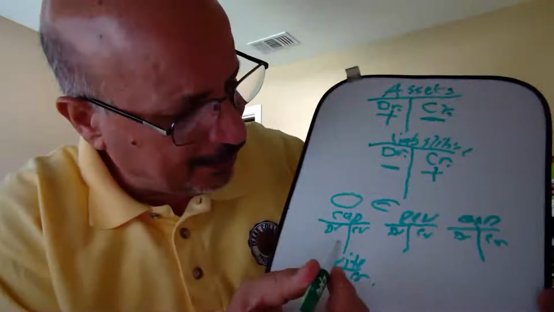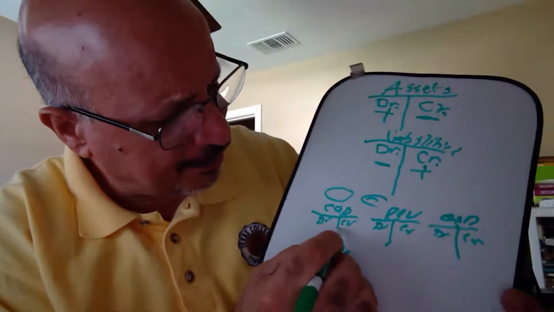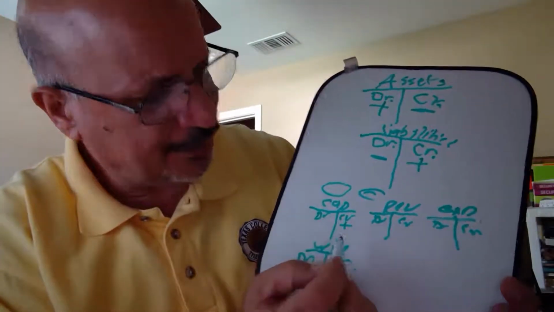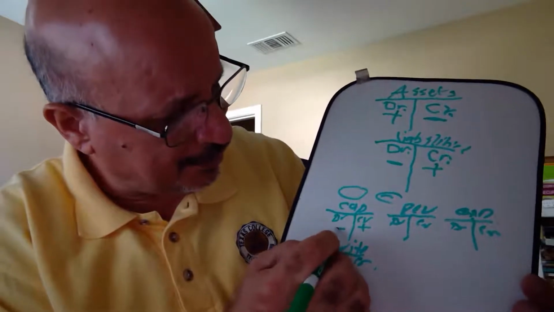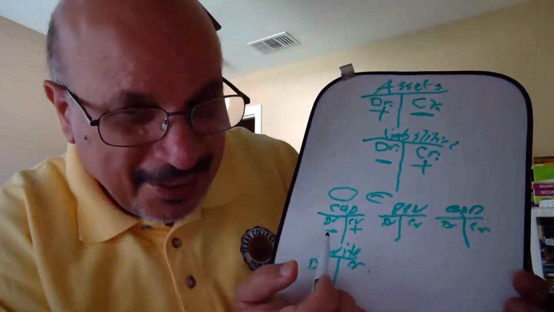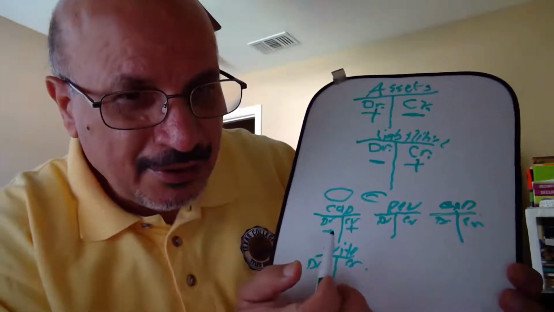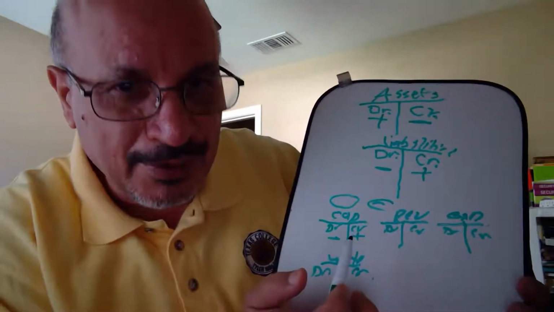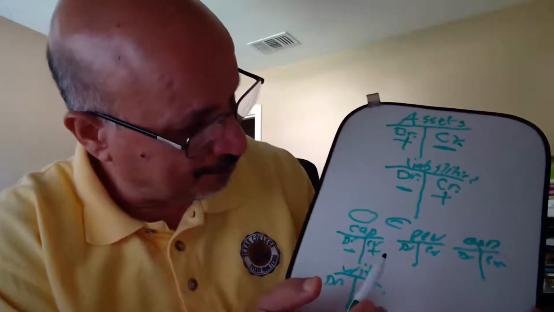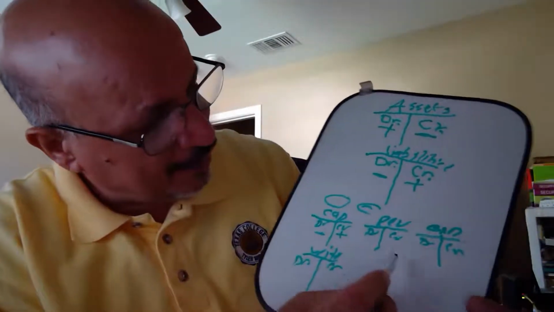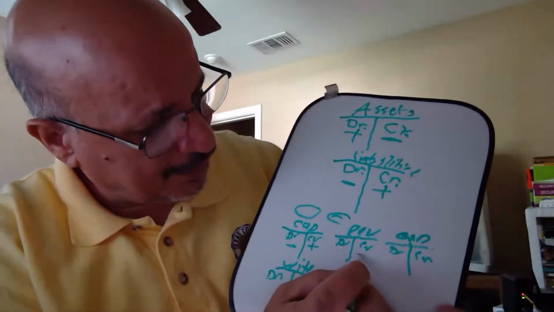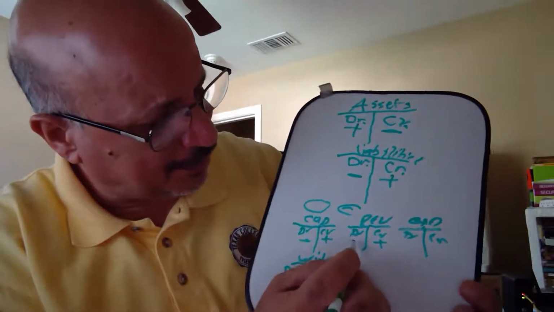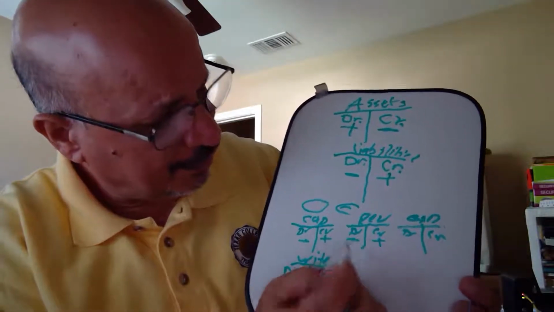When capital increases, it is credited. When it decreases, it is debited. What increases capital? Revenues. What decreases capital? Expenses and withdrawals. Revenues, when they increase, they are credited. When they decrease, they are debited.